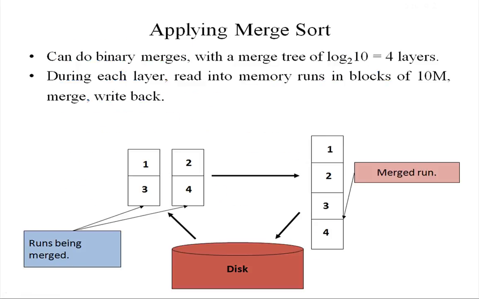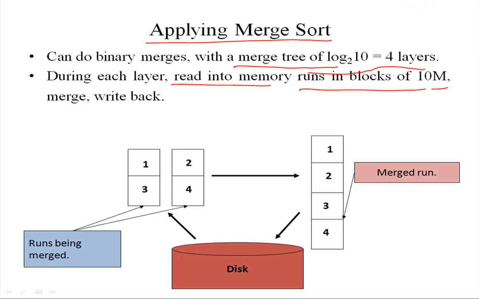Now another thing is applying merge sort. Can we do binary merges with a merge tree of log base 2 layers? During each layer, we read into memory, run blocks of 10 M size, merge, and write back.